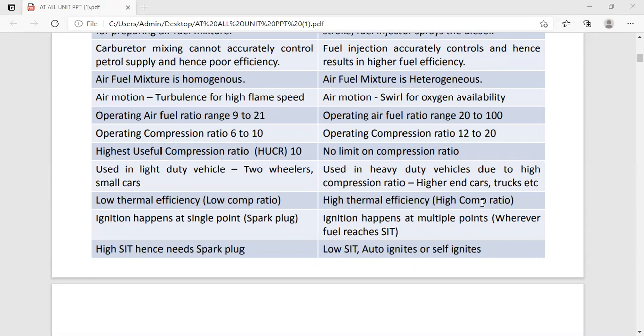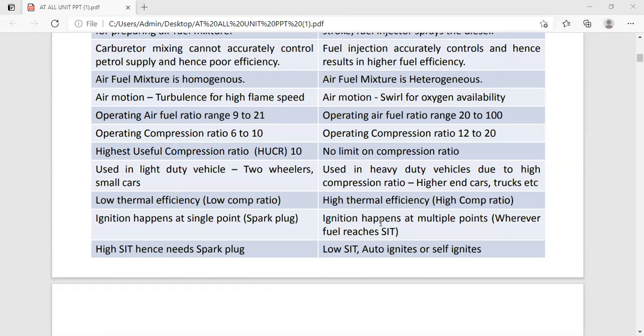Compression ratio in case of the SI engine is low, but in case of the CI engine compression ratio is high. Next, ignition happens at a single point, because the spark is provided at a single point, and after that, due to pressure and temperature rise, the consecutive mixture will be ignited.